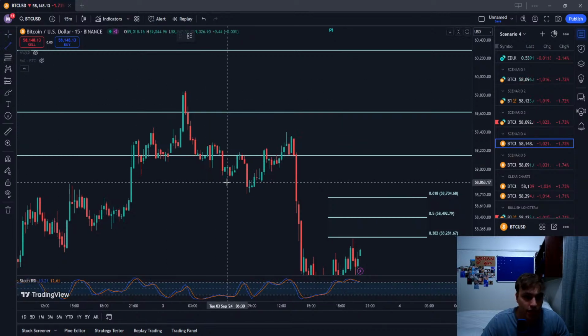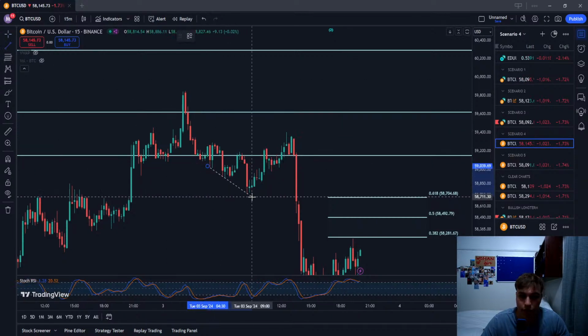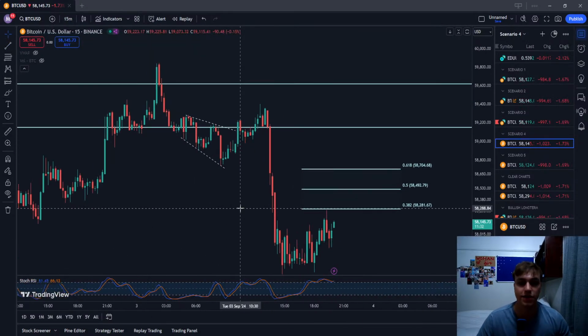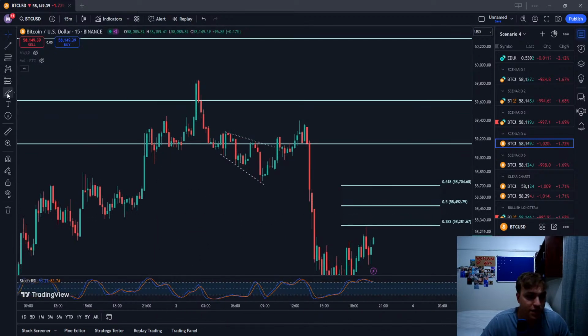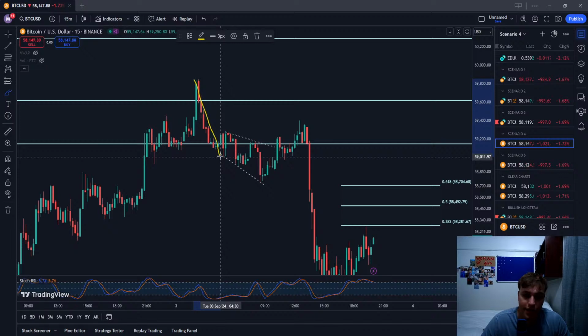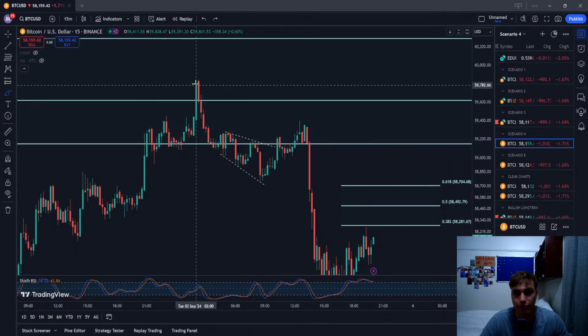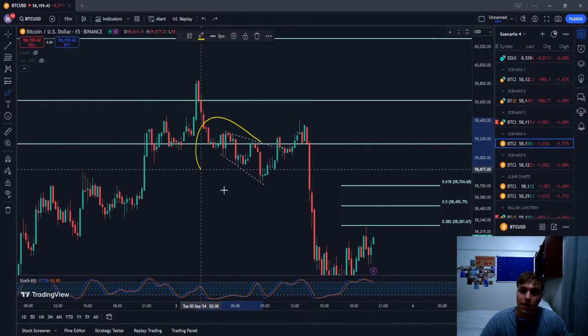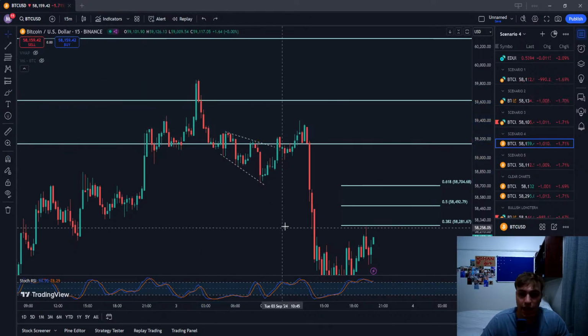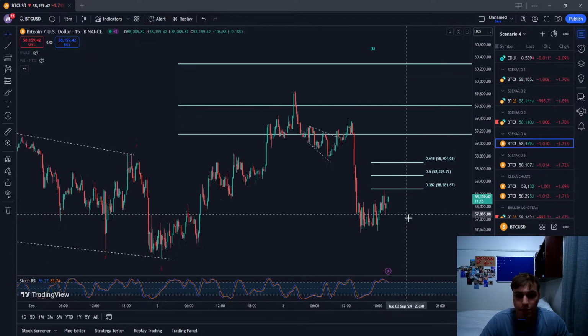But yeah, so we have that and this as well. It's actually an expanding diagonal, which is a little bit rarer, but it actually looks fine at the moment. So we have this one down here, 2 up, 3, 4, 5. It's on very micro time frames, so the probability of expanding is a bit higher on smaller time frames, but we'll see.